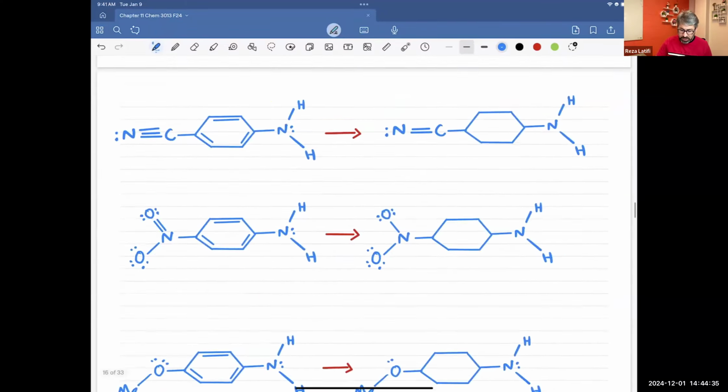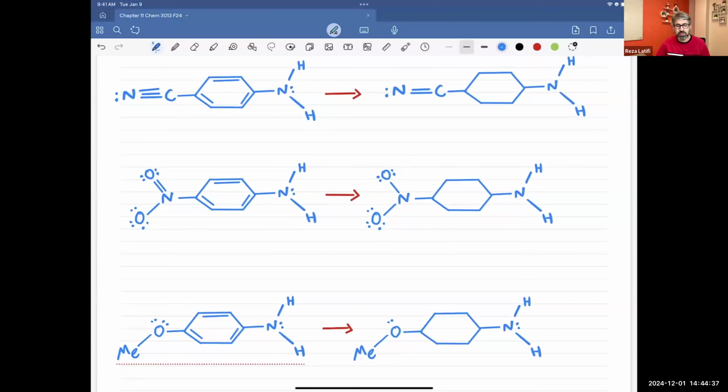Now, how did we touch the basicity? We said this one is happening through resonance. For example, if you have any electron withdrawing group that is capable of pulling the electron density from the ring, it will drop the basicity. For example, replace hydrogen by a nitro group or a CN. In one case, we can take this lone pair and share it with the ring.